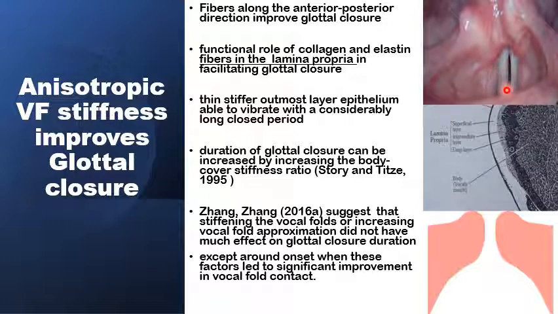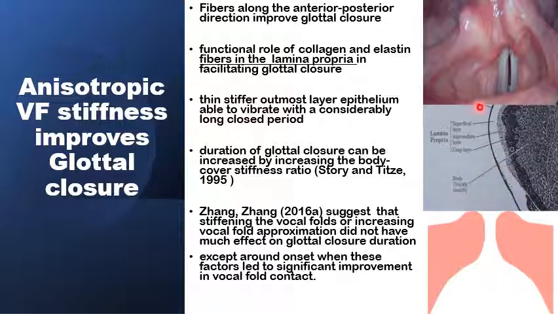The way the fibers are aligned in the anteroposterior direction improves the glottal closure, and also the way the lamina propria has these fibers is between the core of the vocal fold, the muscular part, and the surface.